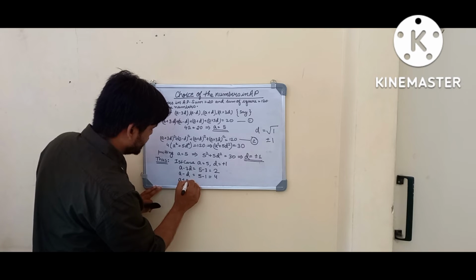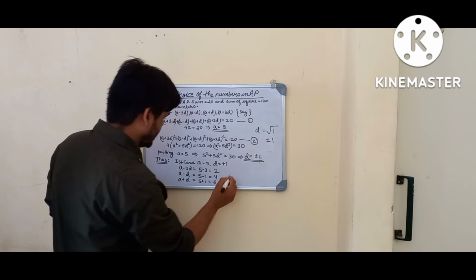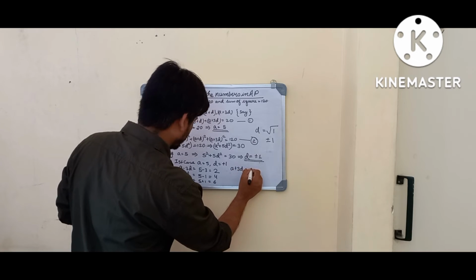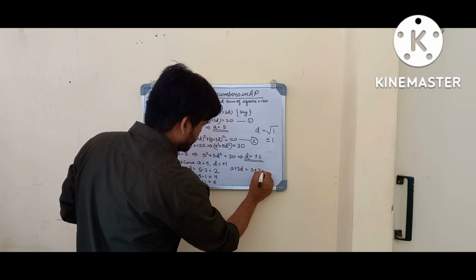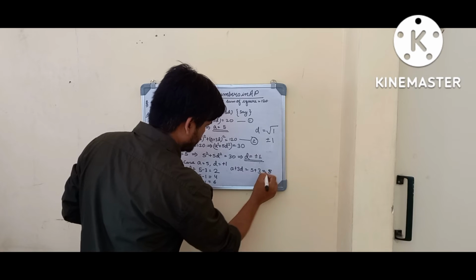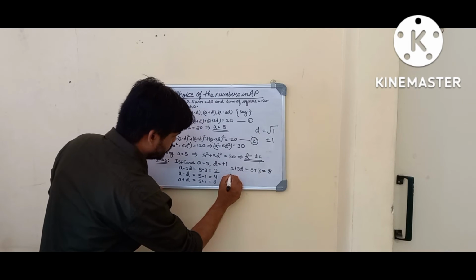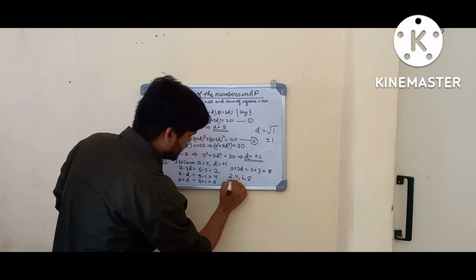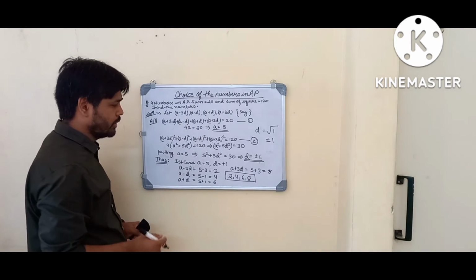A plus D is 5 plus 1, which is 6. And A plus 3D is 5 plus 3, which is equal to 8. So the numbers we have obtained are 2, 4, 6 and 8. Hence this is the required sequence of numbers that we were looking for.